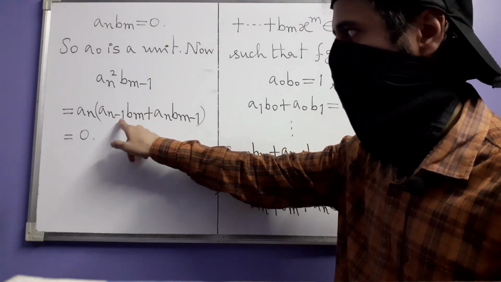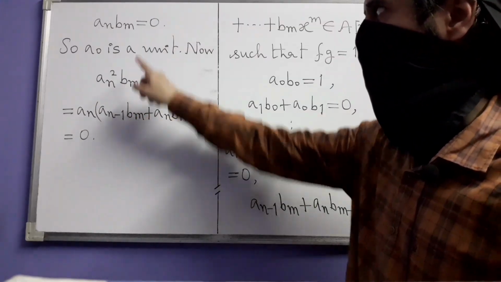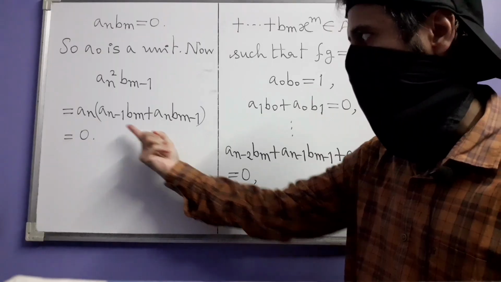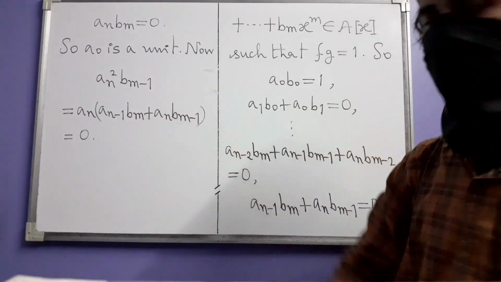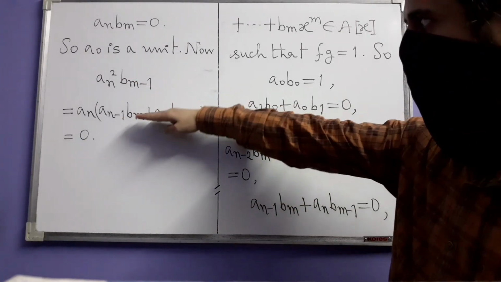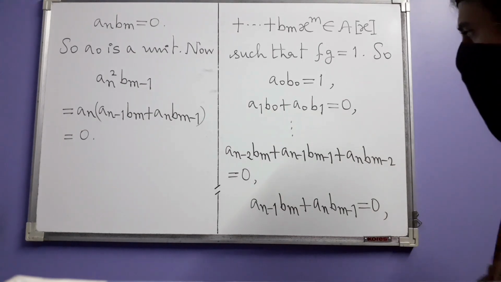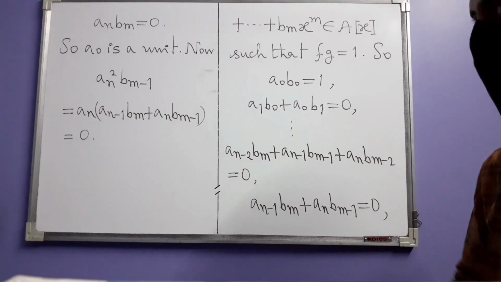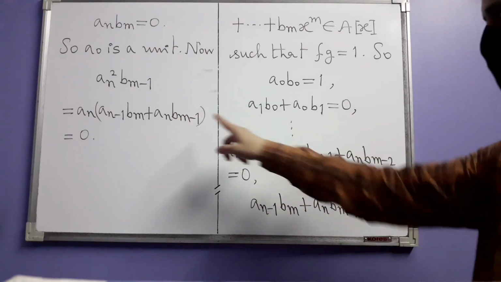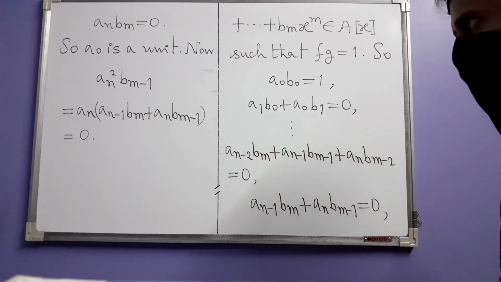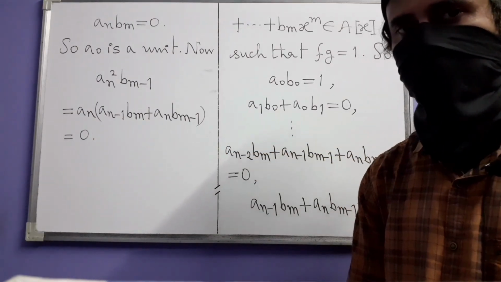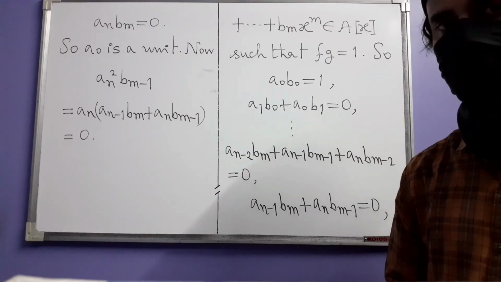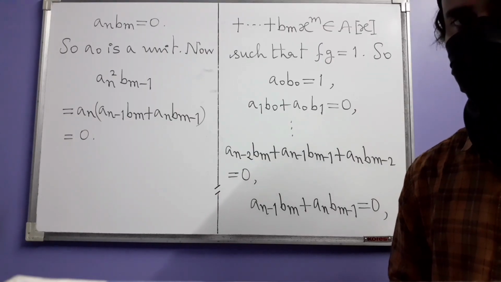With a(n-1) you will get an bm, but an bm is 0, so this term will vanish, plus an squared b(m-1). So this step is clear, but this is 0: a(n-1) bm + an b(m-1), and that is why the product is 0. So we have got something, an squared times b(m-1) is equal to 0, but it doesn't stop here.